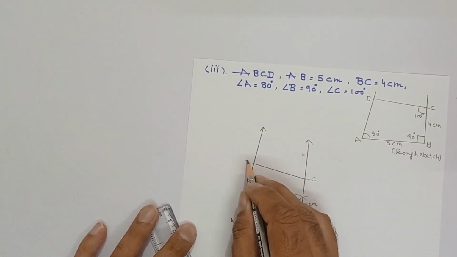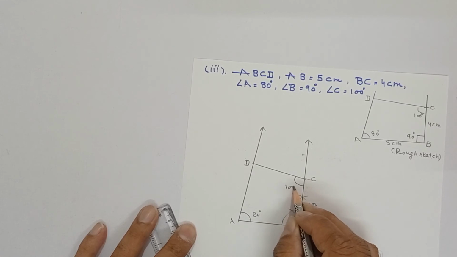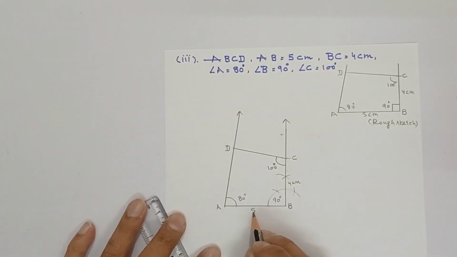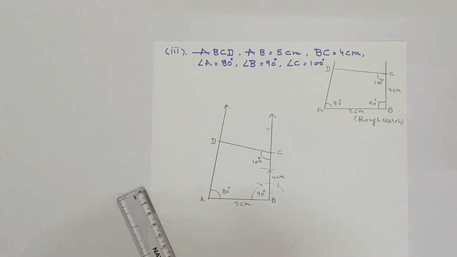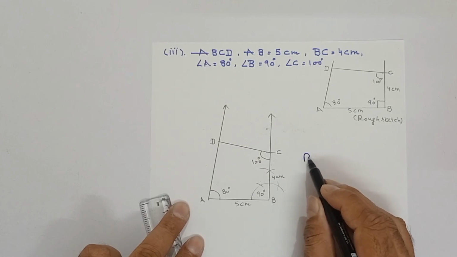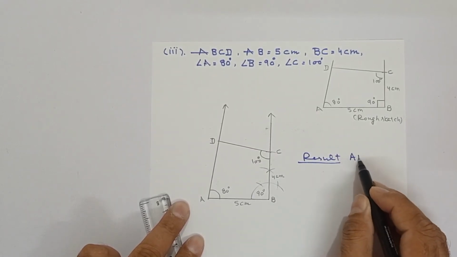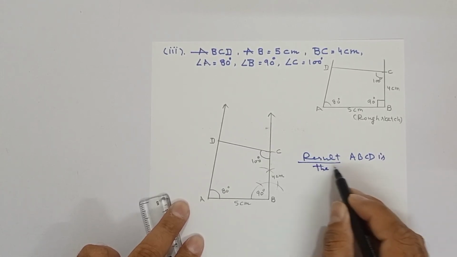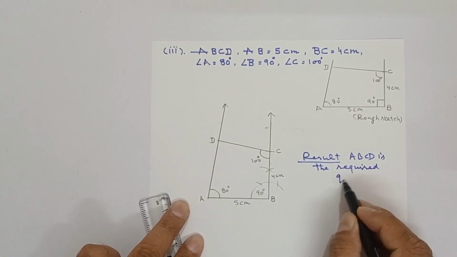This is point D. And this is 100-degree. So labeling is also done. AB is 5 centimeter. Result, ABCD is the required quadrilateral.